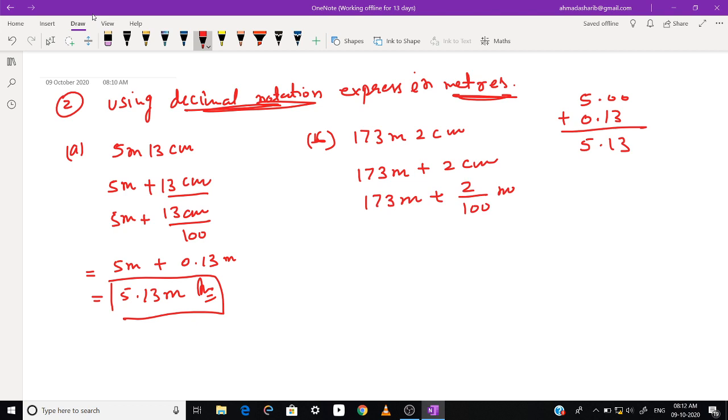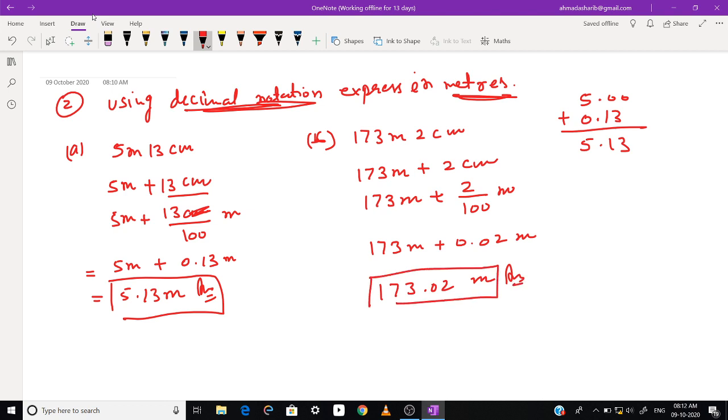When you divide it by 100, it will change into meter. So 173 meter plus 0.02 meter. So the answer will be 173.02 meter, and this is going to be your final answer.